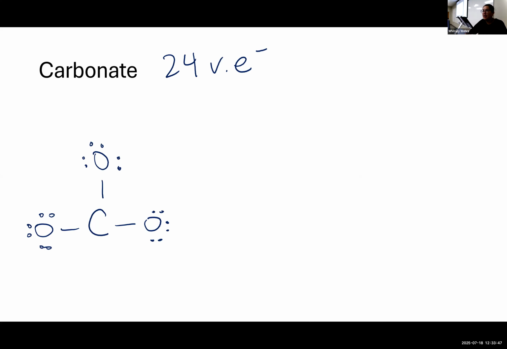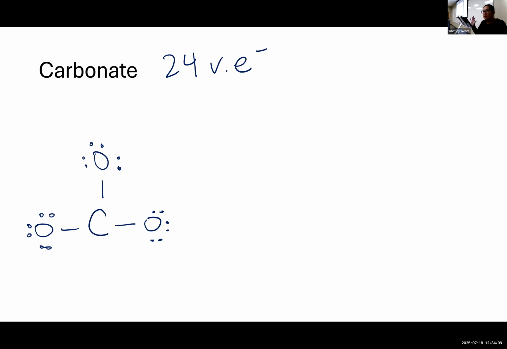I'm doing the same method as before. I'm adding electrons onto this until I have filled the 24 valence electrons. So it's the same concept as the previous slide. I'm just keeping the lines in there. So if I was to count, this is 2 electrons.